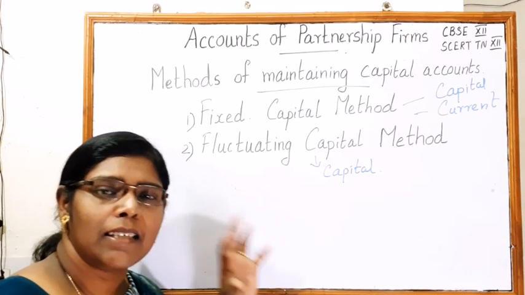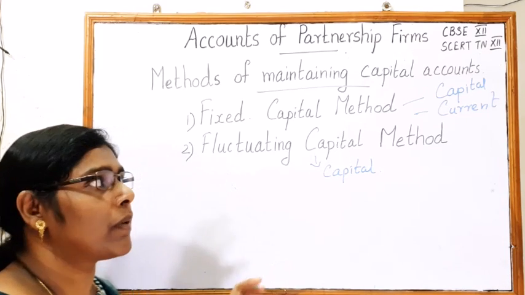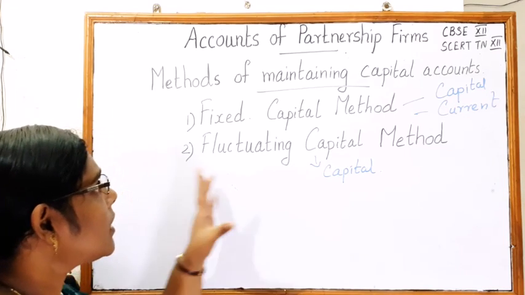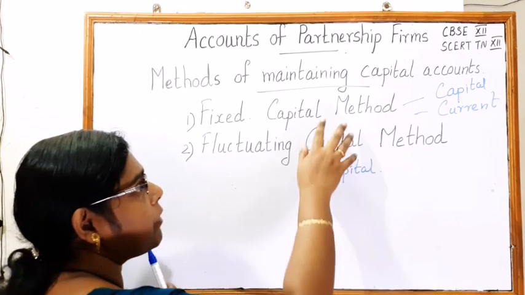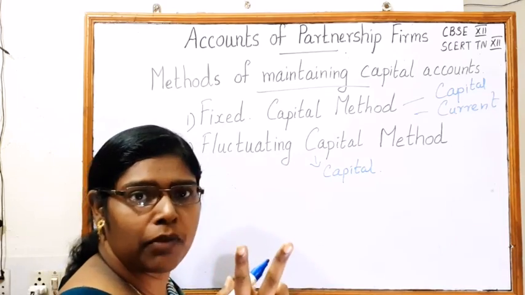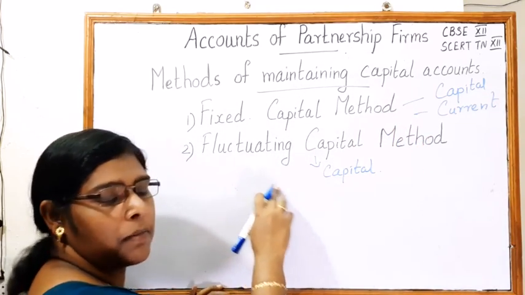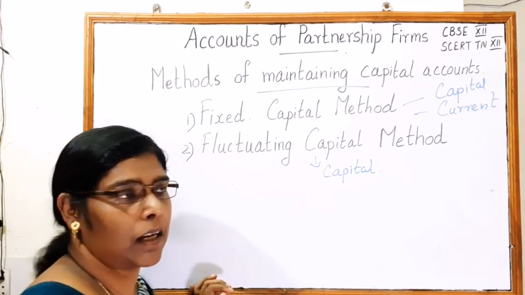So let's understand the difference, so that it will be easy for us to work out the problem. Basically, in the fixed capital method, we'll have two types of accounts, that is capital account and current account. And in the fluctuating capital method, we have only capital account.